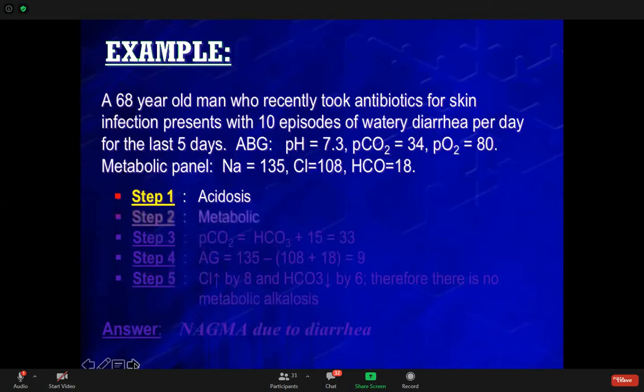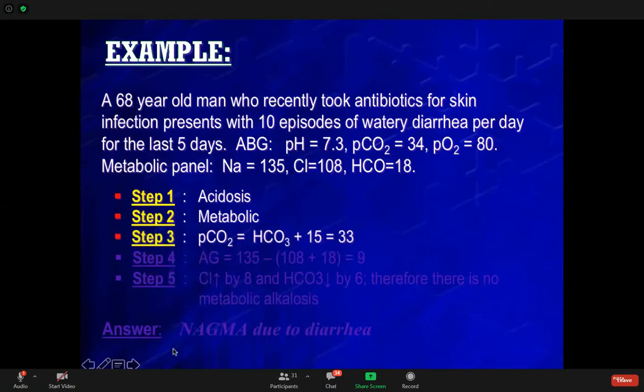Okay, so for the appropriate compensation, what should your expected PCO2 level be? Exactly. It's your measured bicarb level plus 15, so it equals 33. So it's almost the same, 33.